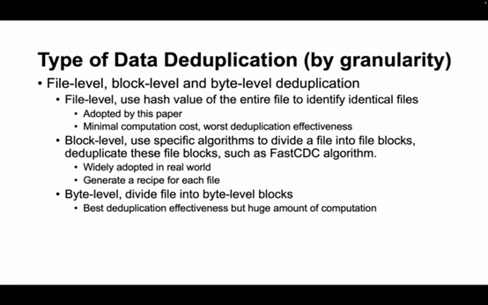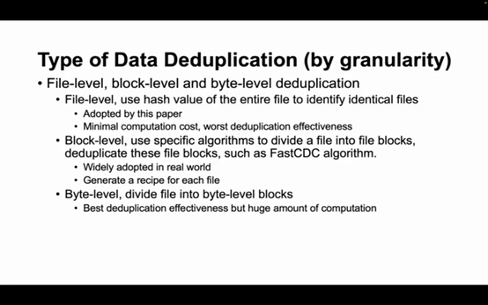In general, data deduplication works by identifying and removing redundant data blocks from a storage system. It uses algorithms to compare incoming data with existing data blocks and identifies duplicates.